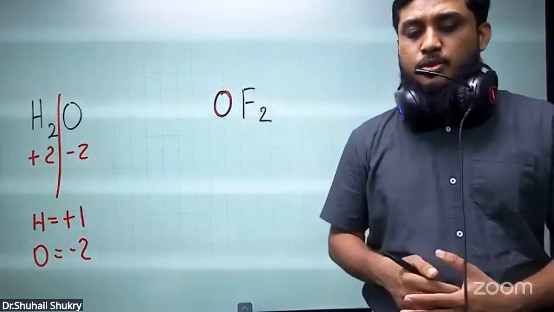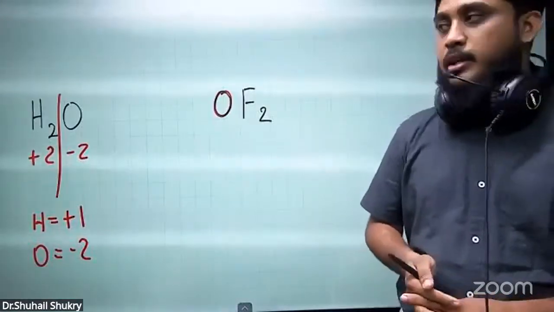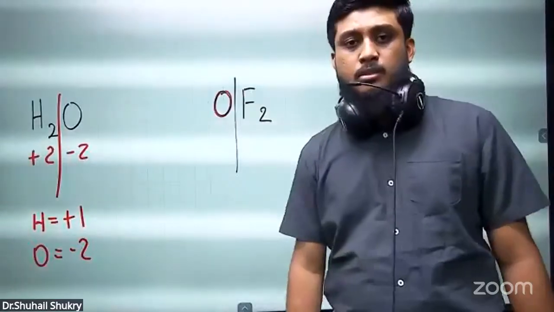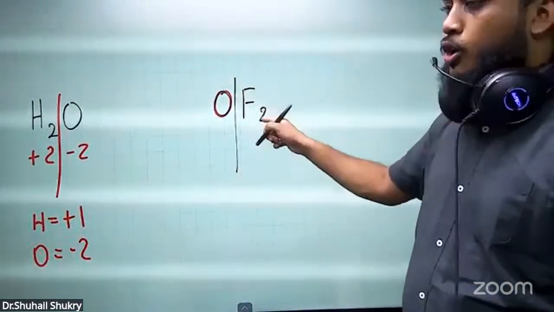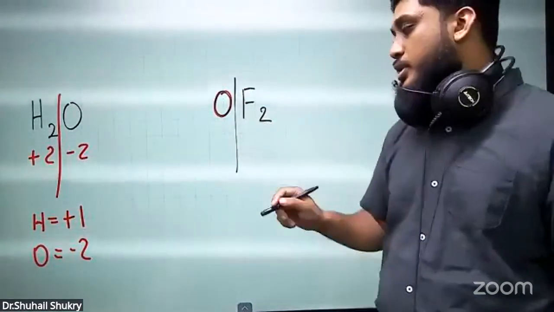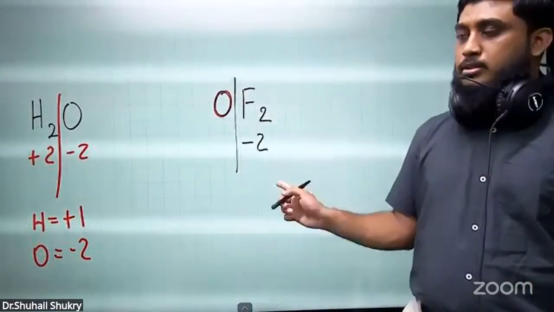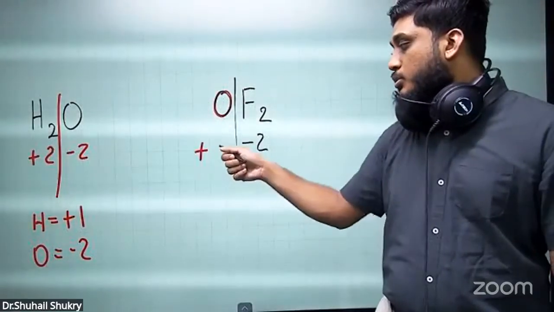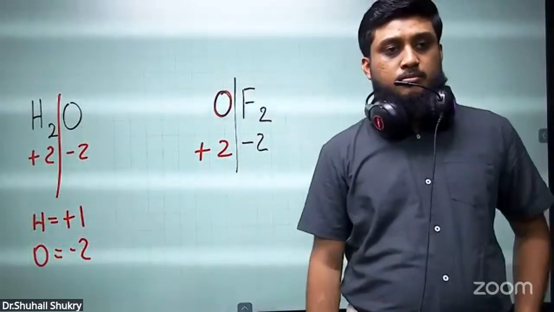So the oxidation number for fluorine is minus, -1. Here there are 2 fluorines, so -2. First of all, always put the oxidation number for the most electronegative element. So this oxygen becomes +2. Normally, this is the only place where you can see a +2 oxygen.